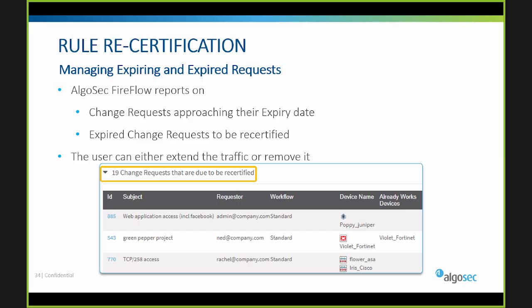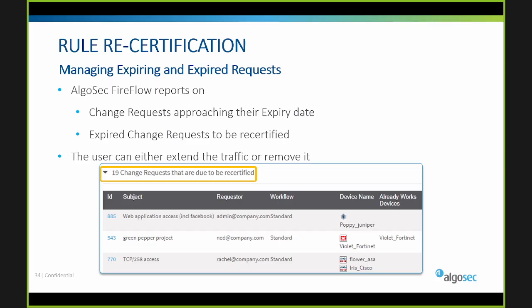At 5 months, 1 month before, it's going to show up in the queue. Then you'll go through this recertification to see if the traffic is still needed, because sometimes the projects can overrun. Or maybe we finished the project early, and we want to remove the traffic now. Okay, that's one use case.